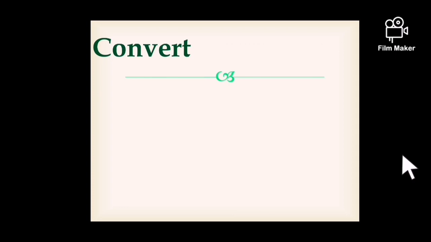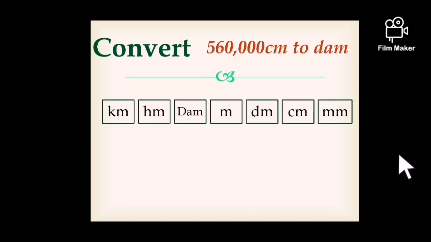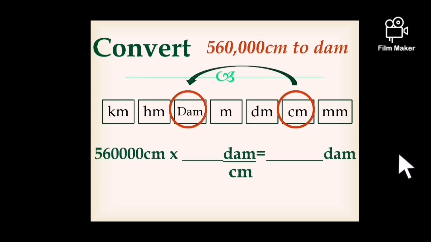So let us convert 560,000 centimeter to DAM or decameter. So from centimeter to decameter, 560,000 centimeter times DAM is equal to blank. From centimeter, we have 3 units moving to decameter.